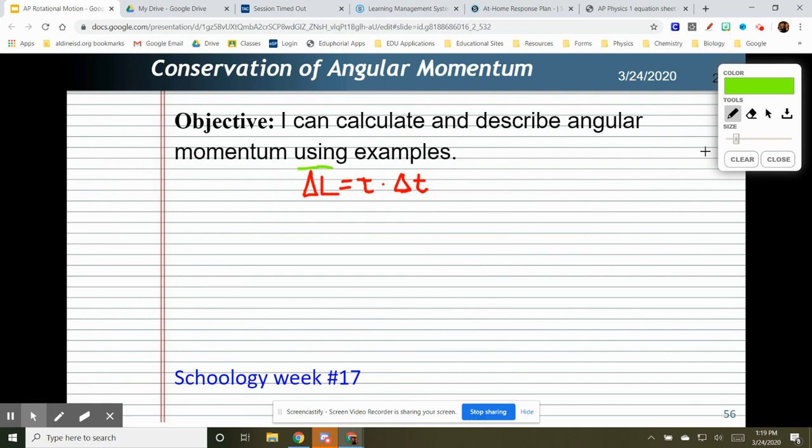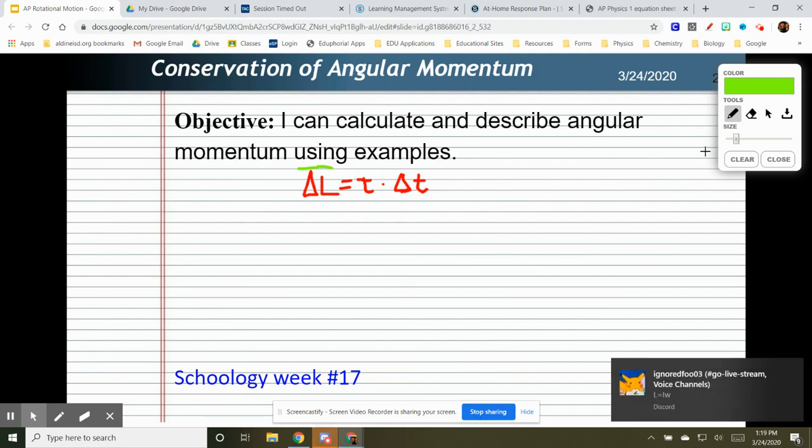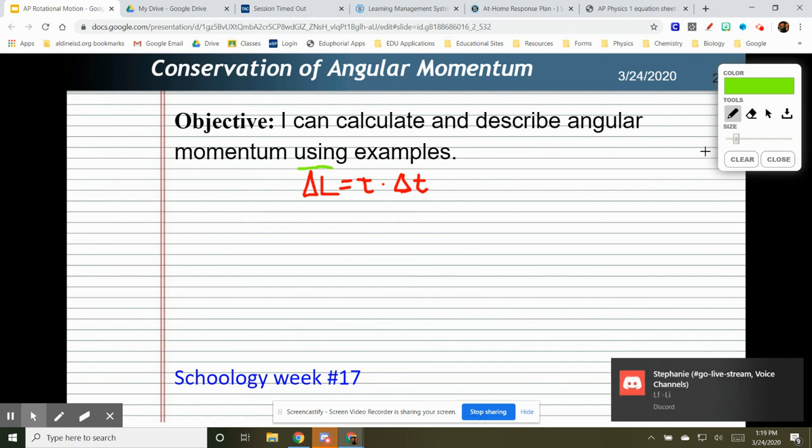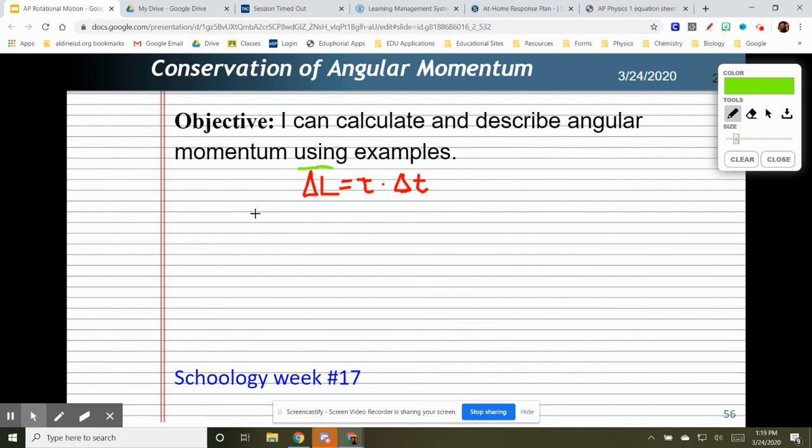How do I expand delta L? Thank you, Stephanie. Yeah, Gabriel, you're going where I want you to go, but too far.